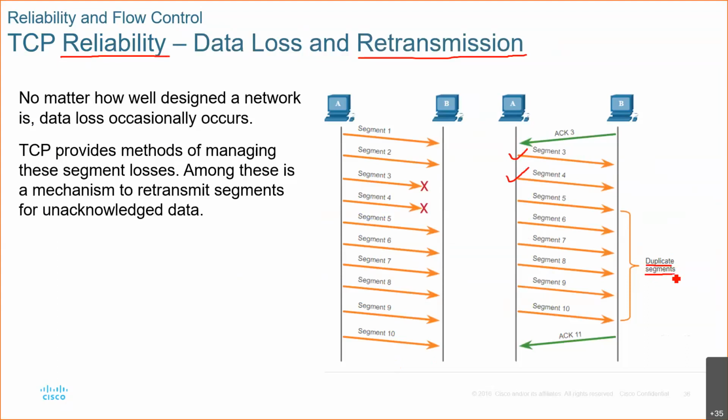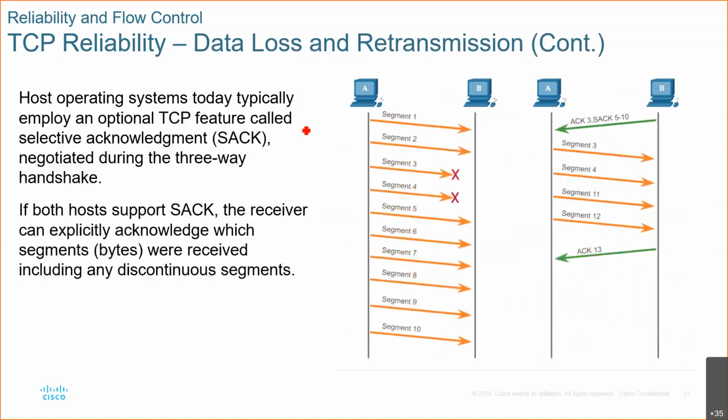So there is a way to get over it by using SACK, or selective acknowledgement. How? Let's say segment 3 and 4 have not been sent because of network failure, a router failure, or anything like that. So what happens is you get your acknowledgement for 1 and 2, and then 3 needs to be sent. And then you can also send a selective acknowledgement that, hey, from 5 to 10, I have already got.